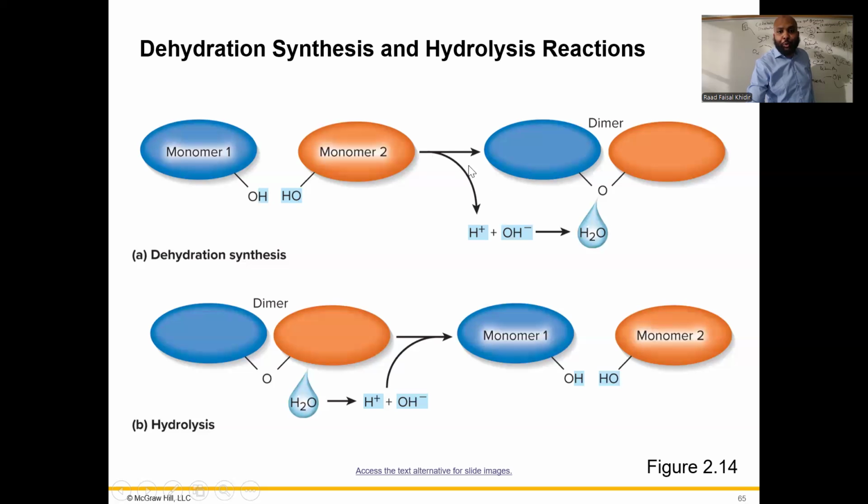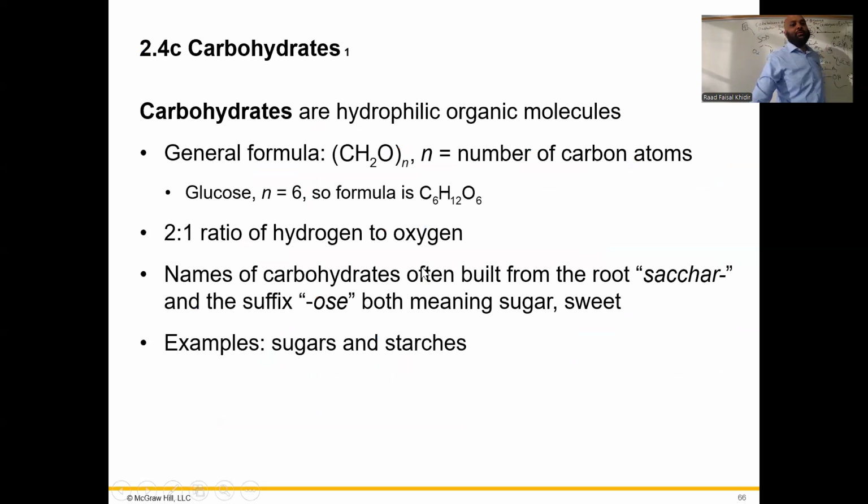You see the arrow pointing out? If the arrow is pointing out, that's dehydration. We lost water. That's minus water. When we remove the water, we condense. They stick together. And here the arrow is pointing in. So when the water goes in, we split the dimer. So we do hydrolysis to split, and we do dehydration to join together. That's very important.